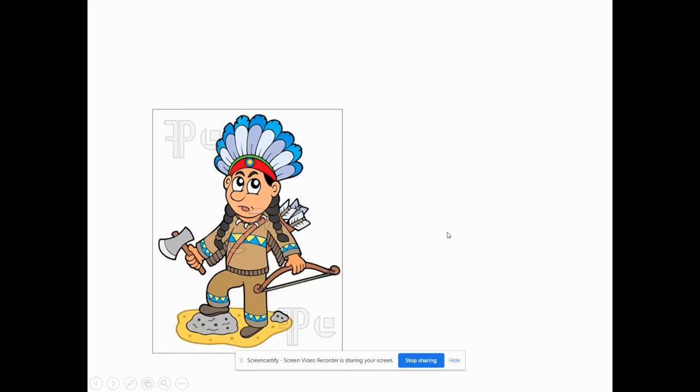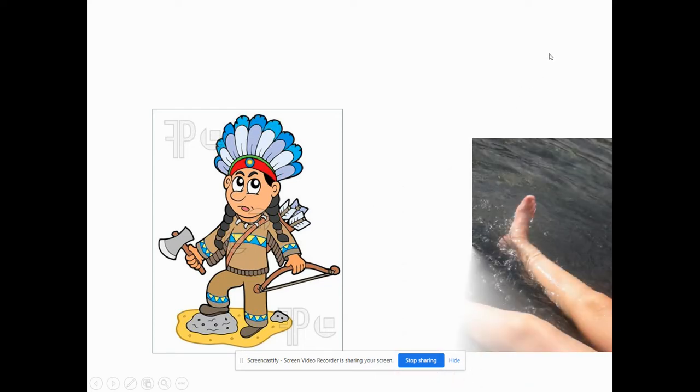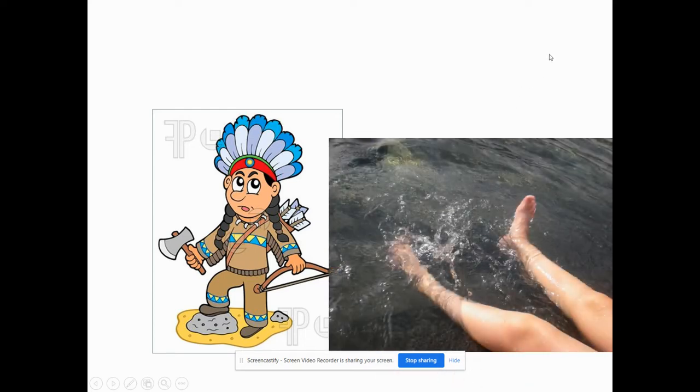Now, there's a little story that helps you remember your sine, cosine, and tangent ratios. And it's about a little Indian boy who didn't have a name. So he went out into the woods, and he was all alone and mad because he didn't have a name. So he kicked a rock. And when he kicked the rock, he hurt his toe. And in order to cool off this poor hurt toe, he went over to a stream and he put his foot in the stream.